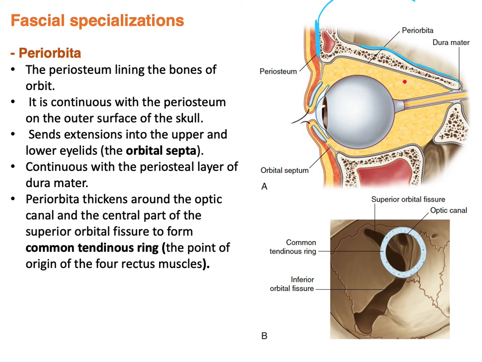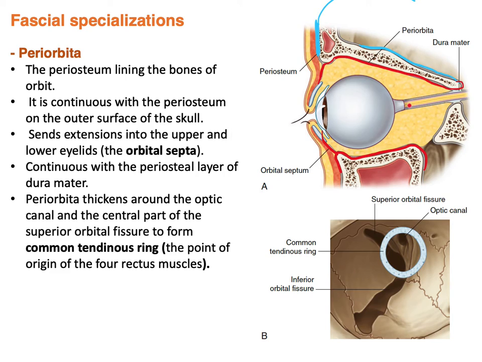The continuation of those is what we call the periorbita. The periorbita lines the orbital cavity, right? Not just the orbital. Once it reaches anteriorly, it gives a septa called orbital septa. Septa plural, septum singular. So orbital septa to the eyelids, right, to support the eyelid and protect the eye.